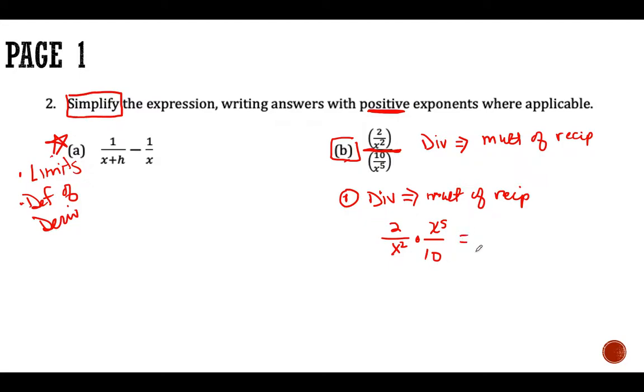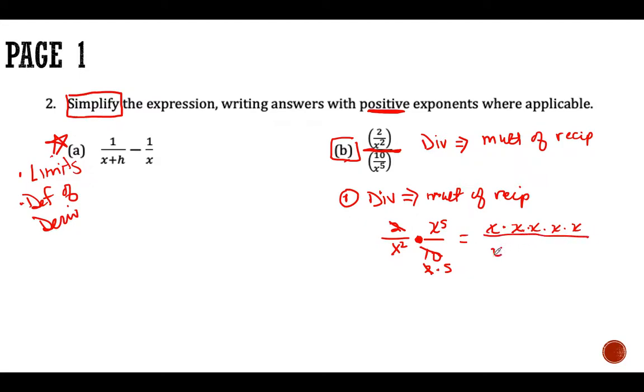And now what happens? Hopefully you see that because I have multiplication, I have nothing but factors here. So 2 cancels with the 10 because that's 2 times 5, so the 2 divided by 2 cancels. And then remember, this is actually 1, 2, 3, 4, 5 x's all multiplied together.